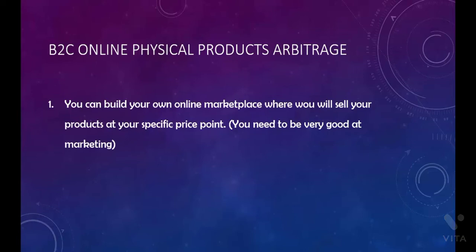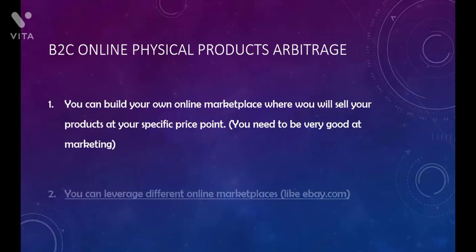So they have built their own marketplace, their own online store. And just by using Facebook ads, they created a separate marketplace for their products at which they have set up a certain price point. This is the best way to go if you are very skilled at marketing, because you can actually take it to a whole new level and build your own marketplace.